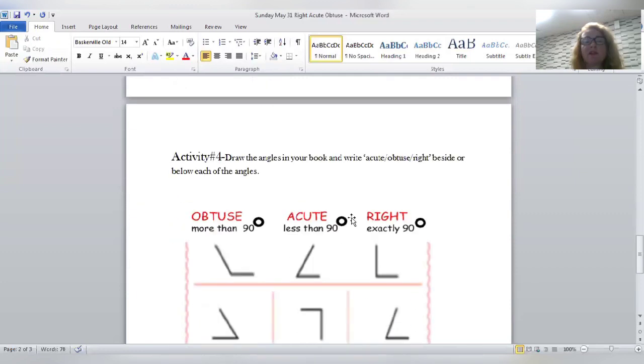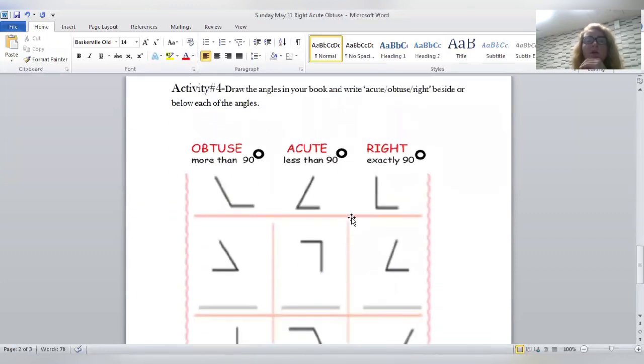And then let's move on to activity 4, where again you have to draw some angles in your book, but this time you only write one of the 3 choices beside each angle. So the first 3 are done. You can see that this part here is leaning back. It's larger than a regular L. So it's obtuse because it's more than 90 degrees.